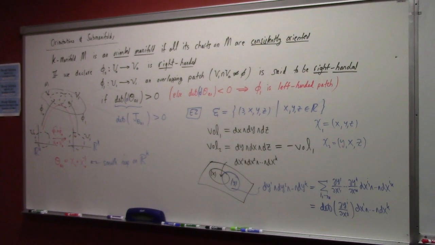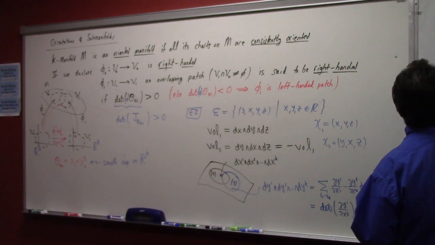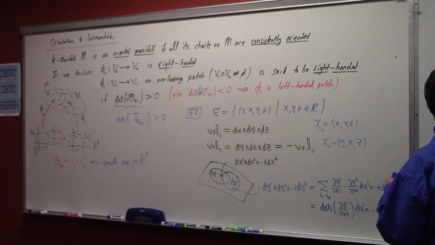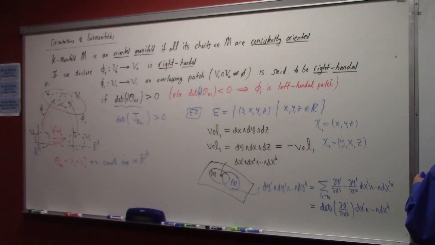All right? Then we can judge whether or not those charts are left-handed or right-handed by seeing how they align with the vol or not. If that makes sense.